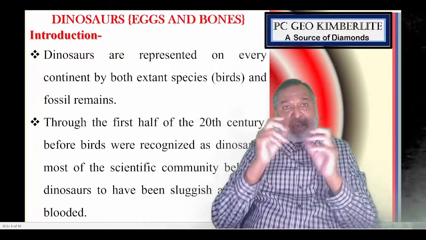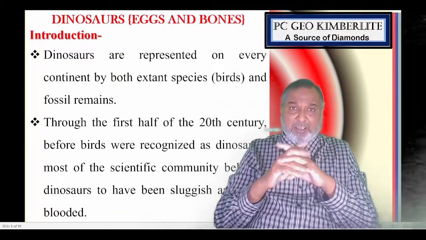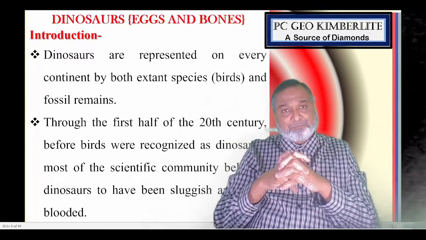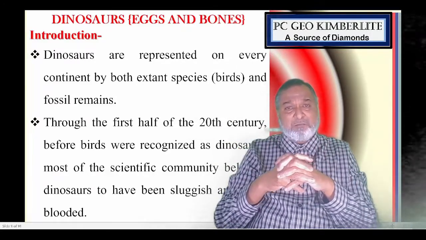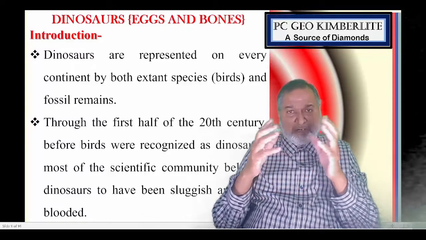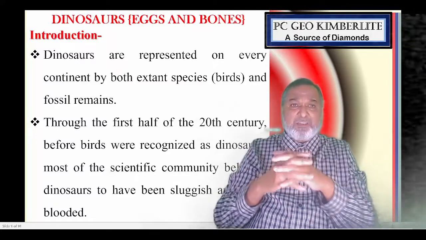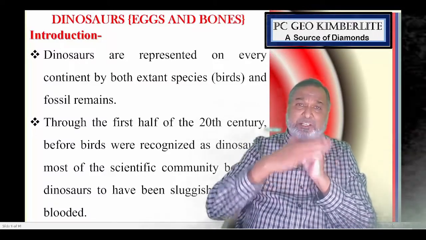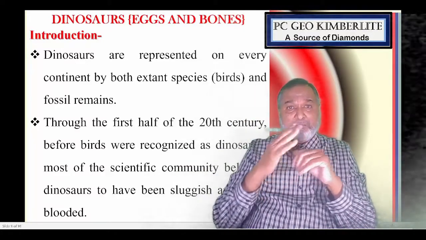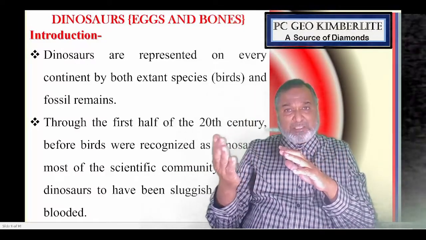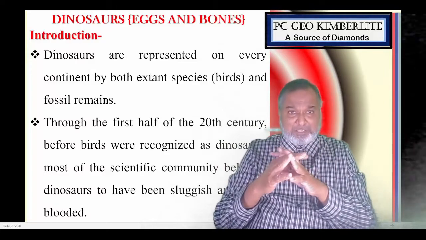Dinosaurs are represented on every continent. From the research that has taken place and wherever fossil records have been found, we can say that the dinosaurs are represented on every continent by both the extant species, that is the birds, and fossil remains.